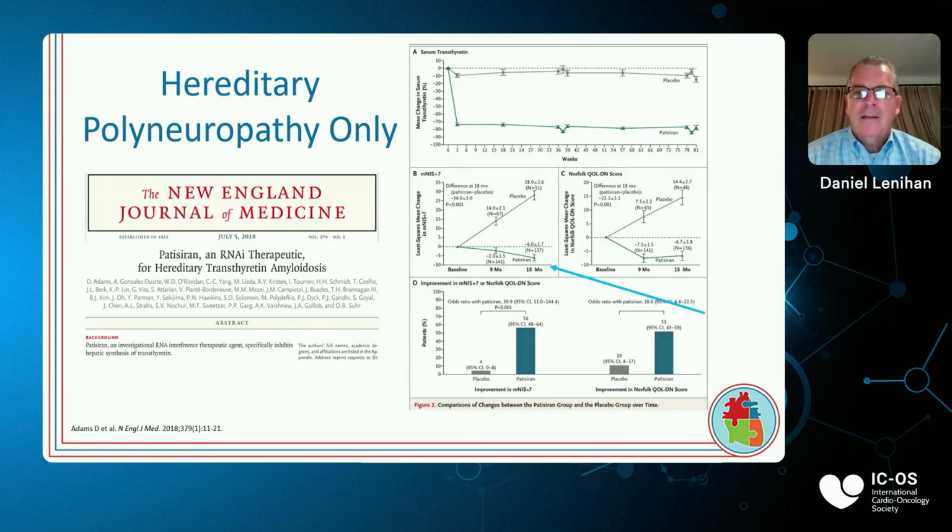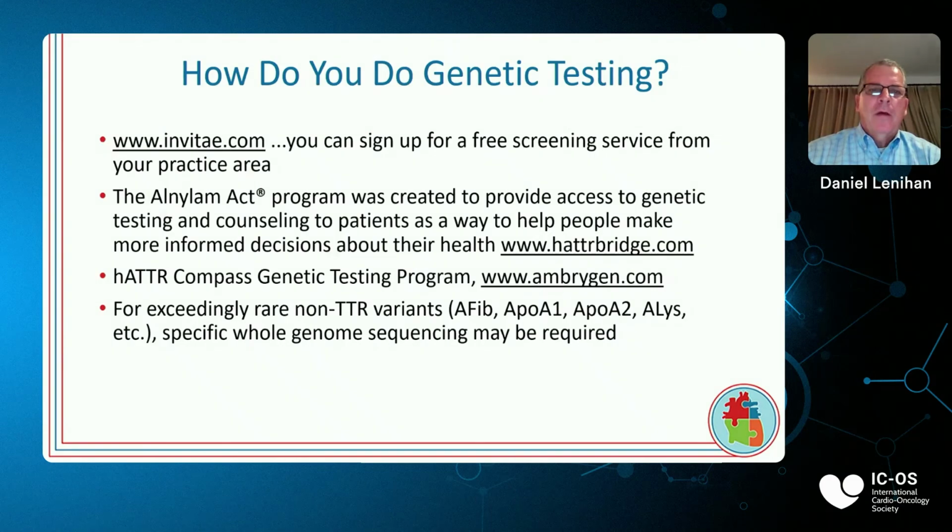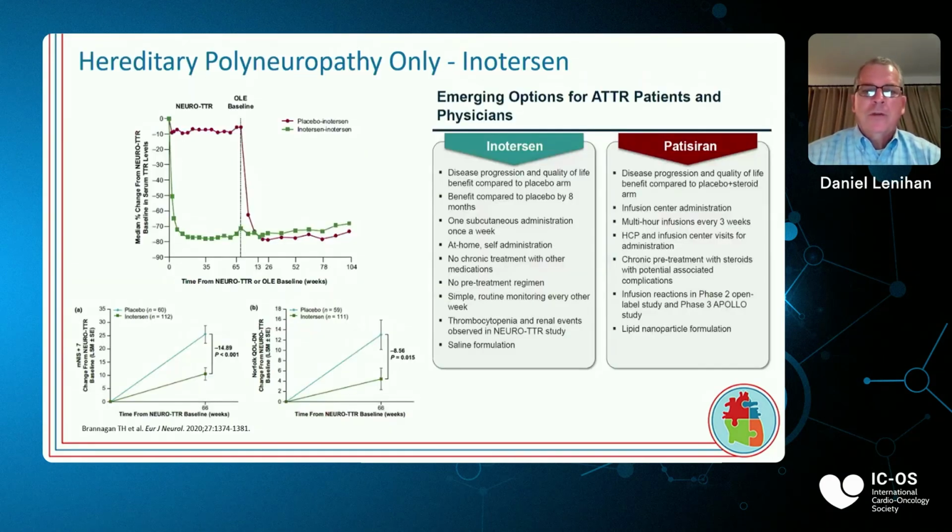So I think that is a key piece to show, to have a medication that actually improves nerve function is critical. When we look at inotersen, this was a similar drug, similar process. It showed an improvement compared to placebo, but it didn't actually improve nerve function, but it lessened the progression.